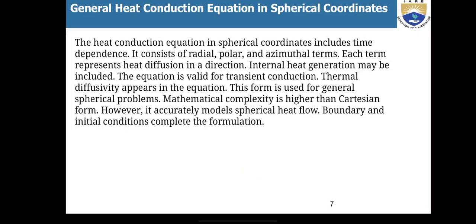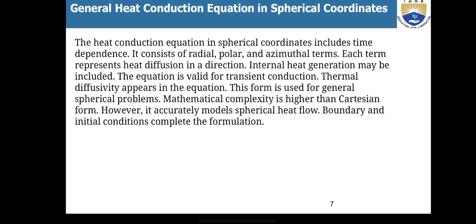Now moving to the general heat conduction equation in spherical coordinates. The heat conduction equation in spherical coordinates includes time dependence. It consists of radial, polar, and azimuthal terms. Each term represents heat conduction in that direction. Internal heat generation may be included.